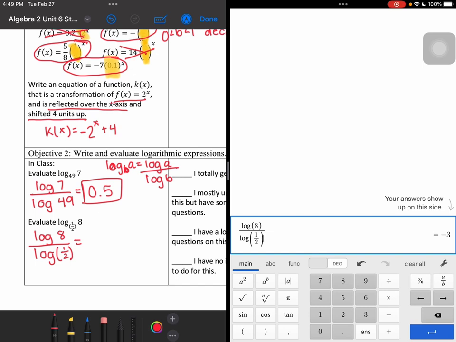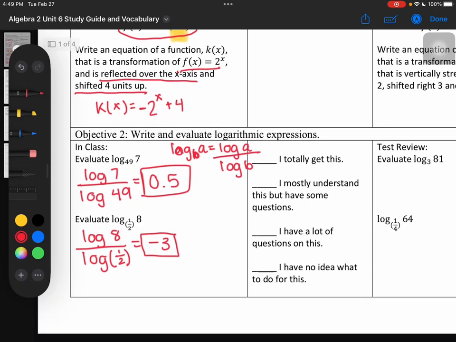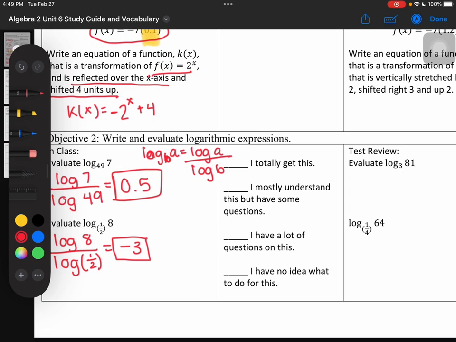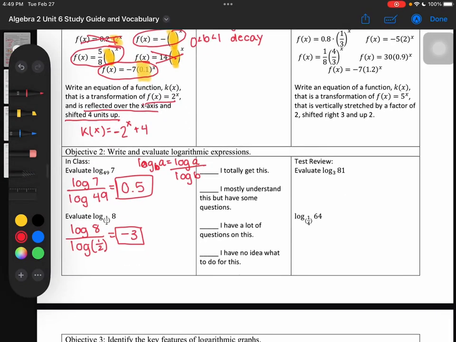And we get a -3. Perfect. So we didn't have to round either of those, but that is how we change the base of a function and evaluate a log. So if you haven't already, go ahead and identify how you feel about this, and then evaluate the 2 logs on the right side here.